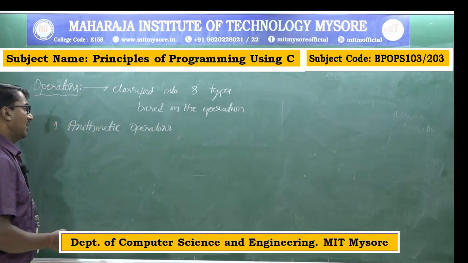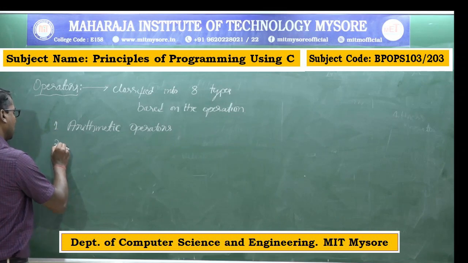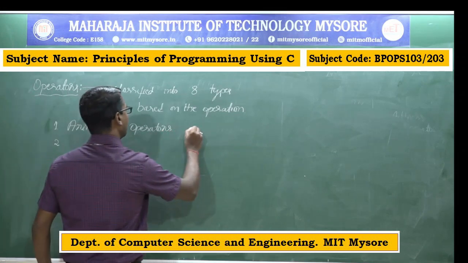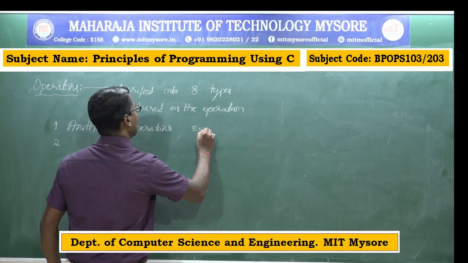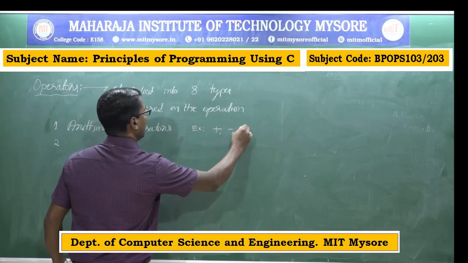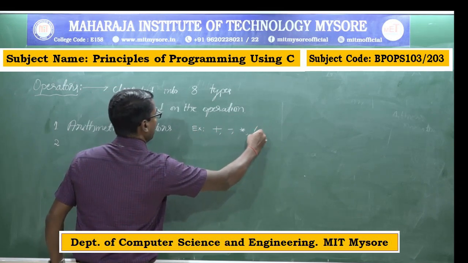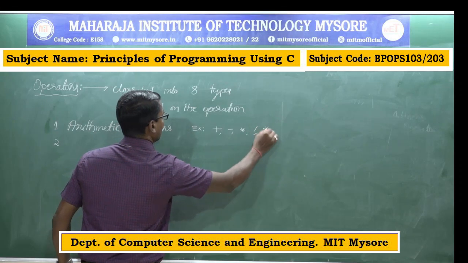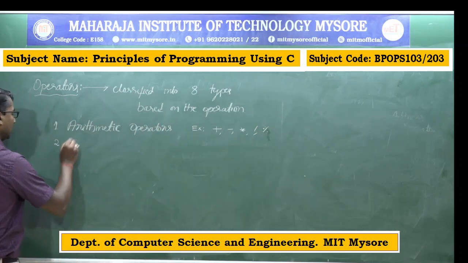First category is arithmetic operators. Here example: plus, minus, star, division, modulus.